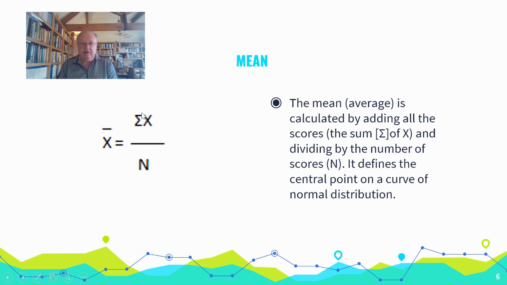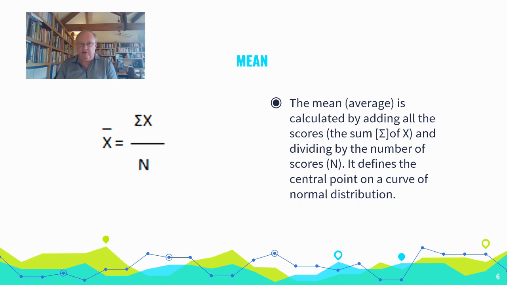This symbol here, sigma, that's the Greek capital letter sigma, and that stands for the sum of. In other words, add them all together. And X is each individual score. Divided by N, and N always means the number of observations. So if you're reading a paper and it says the N size was 50, it means there were 50 participants in the study.